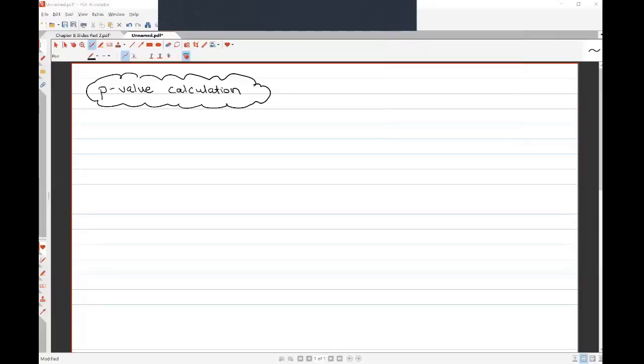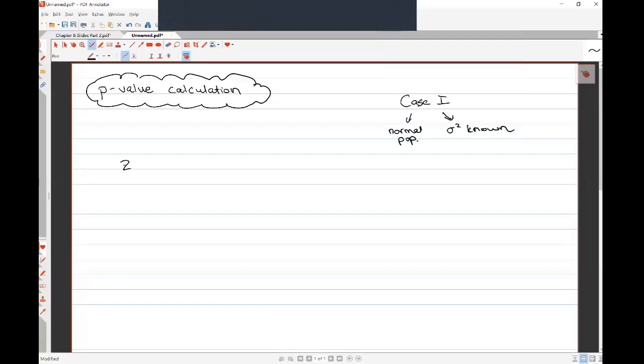Now let's dig a little deeper and figure out exactly how we go about calculating a p-value. And for the time being, I am still going to assume that we are dealing with what we've called case one. In other words, two things are true. We know that the population that we are obtaining the sample from can be assumed normal, and it has a known variance.